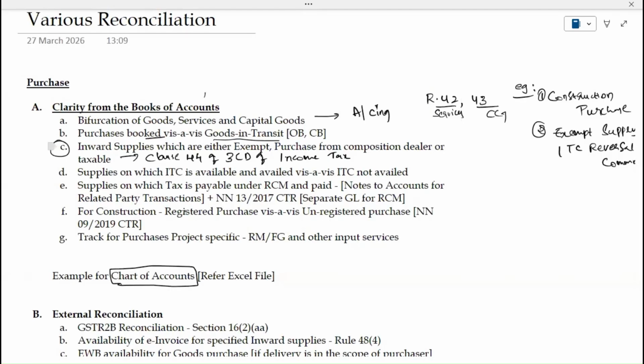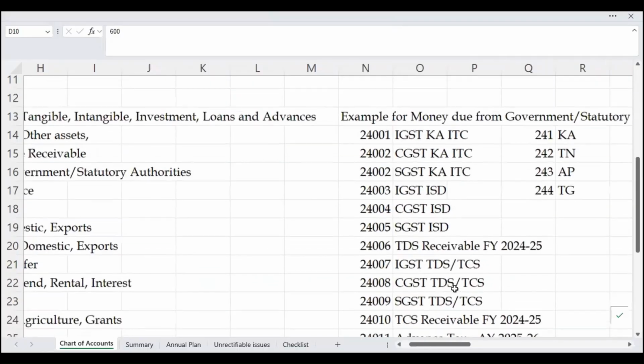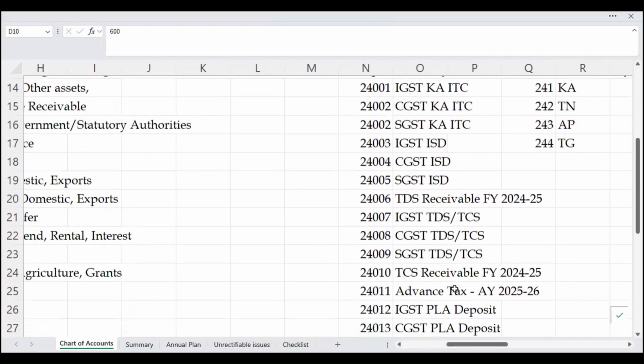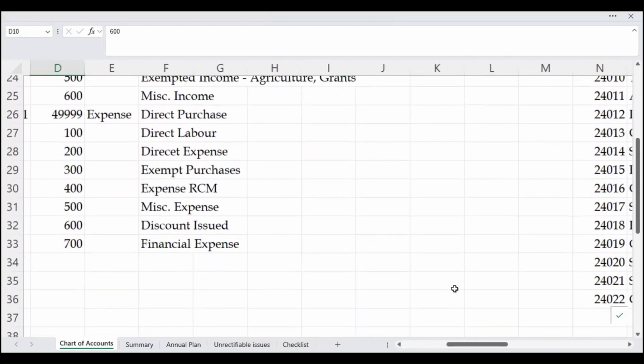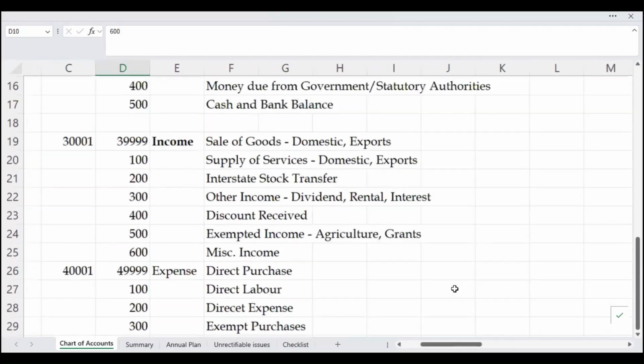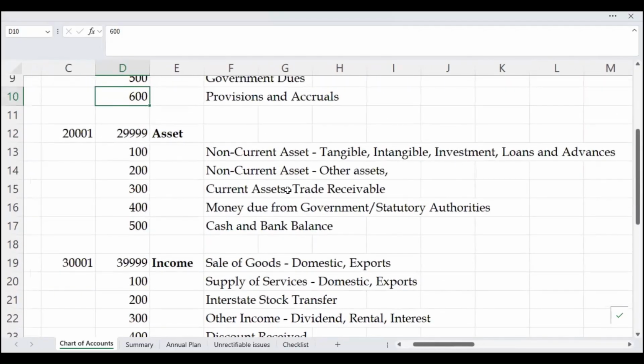Clause number C. I'll just explain one classification, how this accounting can be achieved. If I come to my chart of accounts, let's see, 24 I'm using is for 2 series. Okay, say liability.